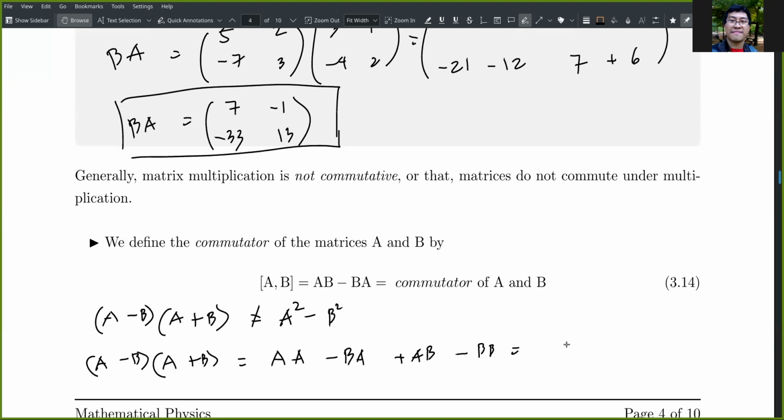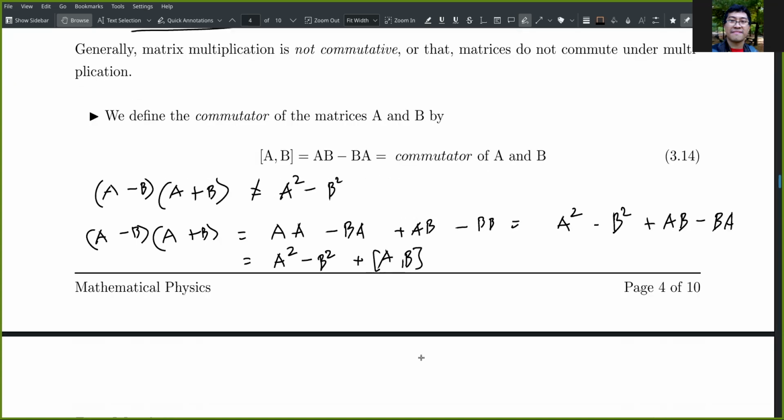Or we can also write this as A squared minus B squared plus AB minus BA. So this becomes A squared minus B squared plus, using this relation, the commutator of A and B.